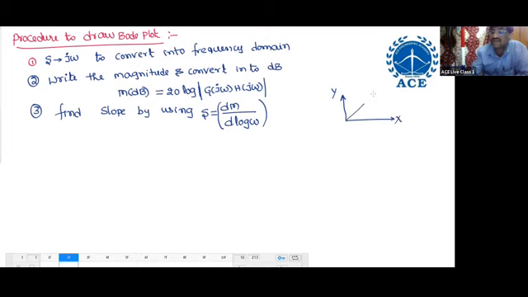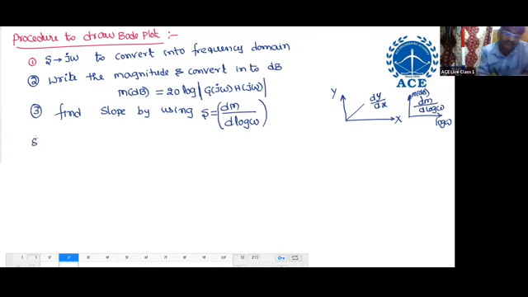How to find the line slope? Simply dy by dx. In our case, M is in dB and this is log omega, so the slope is dM by d of log omega.